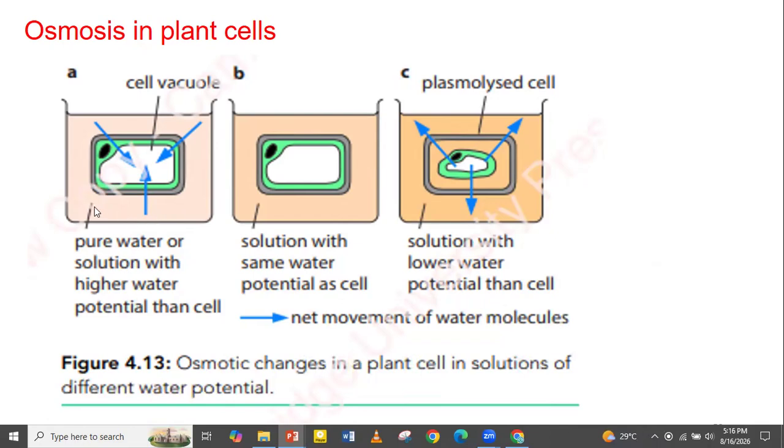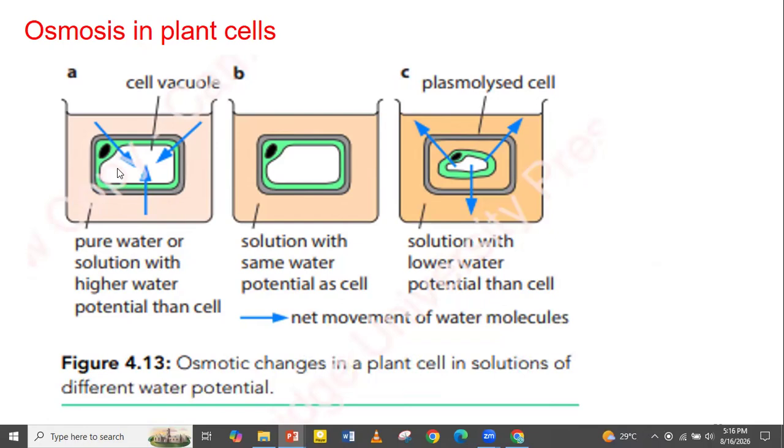What is going to happen? The pure water is going to have a higher water potential than the plant cell. So water molecules are going to move from the pure water into the plant cell by osmosis via the partially permeable cell surface membrane. The plant cell is not going to remain the same.